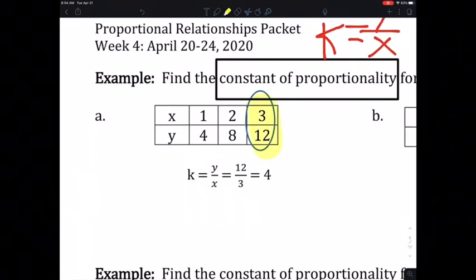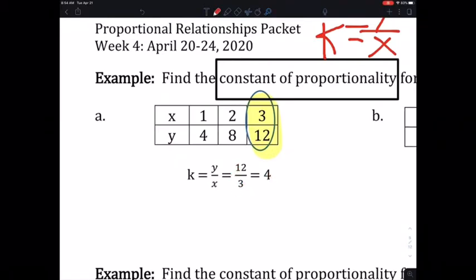Now, you don't have to, because the constant of proportionality is the same all across the board if it is constant, hence the word constant. So here they're showing you k equals y over x. They're using my y value right here and my x value up here. So it's 12 divided by 3, which gives us 4.